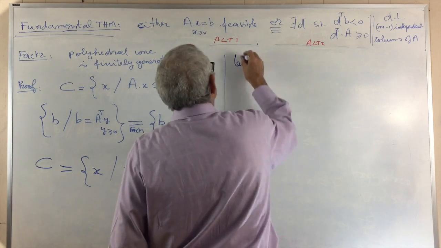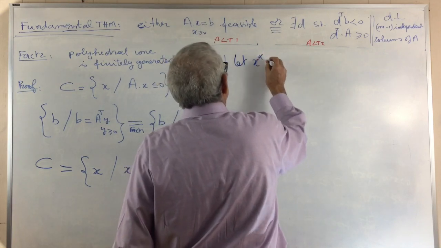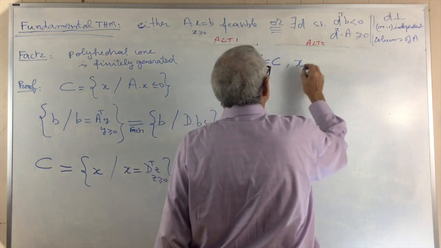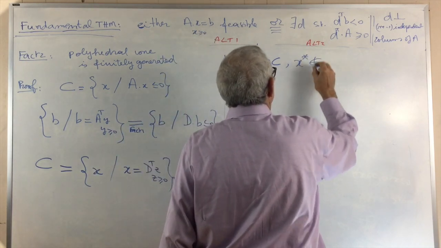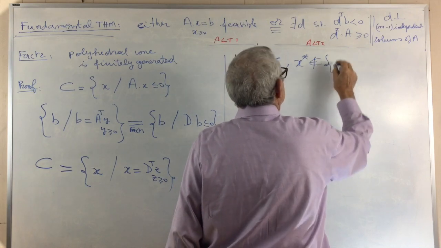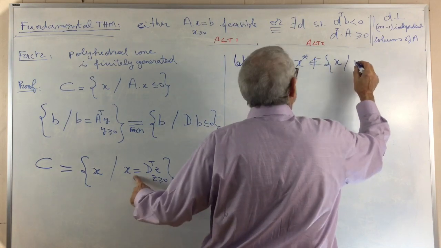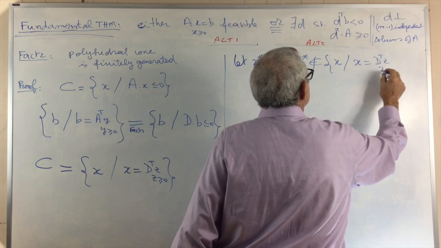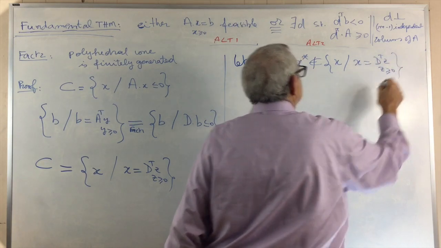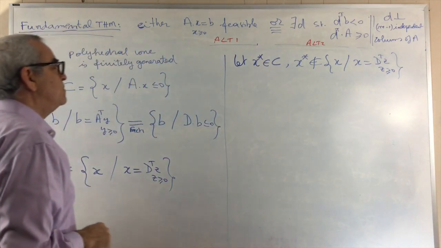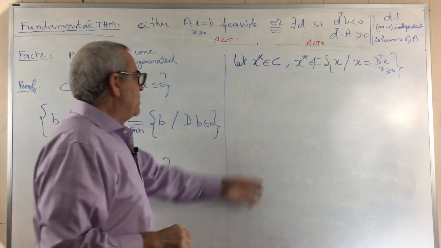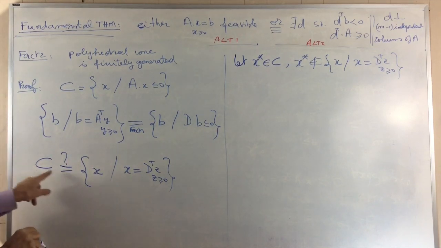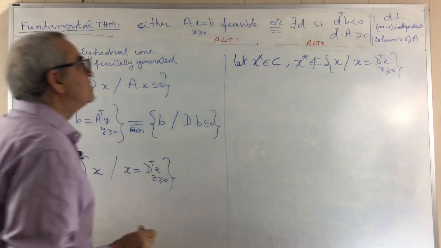So let X star belong to C, and X star does not belong to the set of X such that X is equal to D transpose Z, Z greater or equal to 0. If I arrive at a contradiction, then C is indeed equal to this.